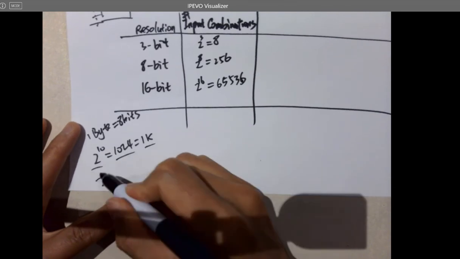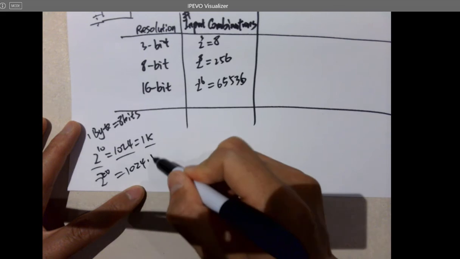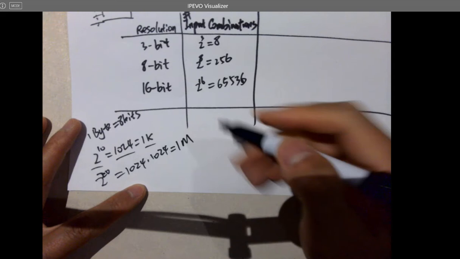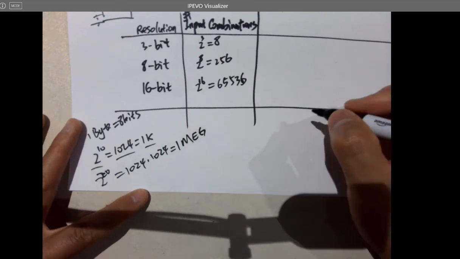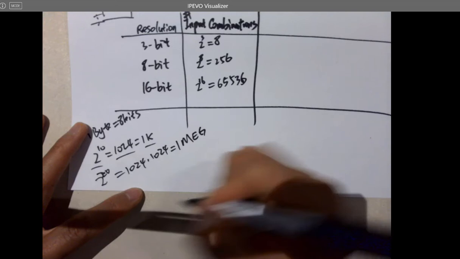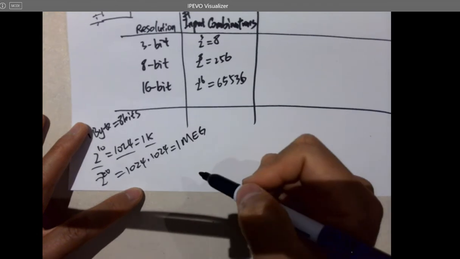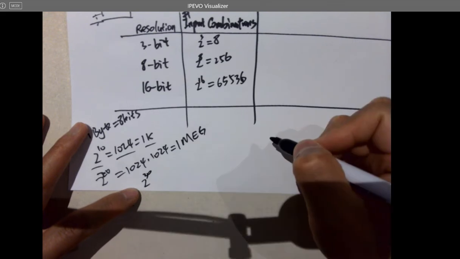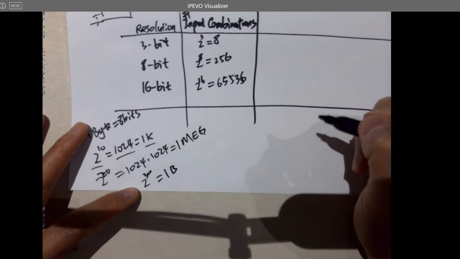So what about 2 to the 20th? It's literally 1024 times 1024, right? That's 1 mega, not 1 million. Wait, is that correct? Yeah, that's correct. So what is 1 billion? 1,000 of 1 mega should be 1 billion, but it's actually not.